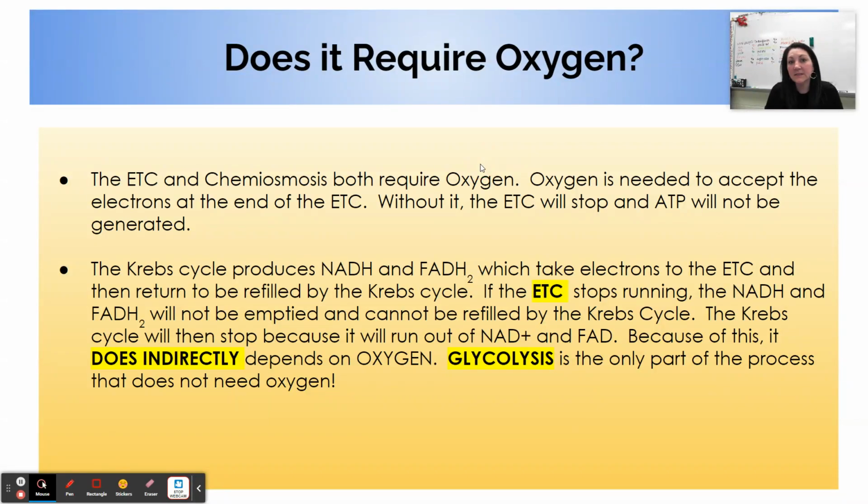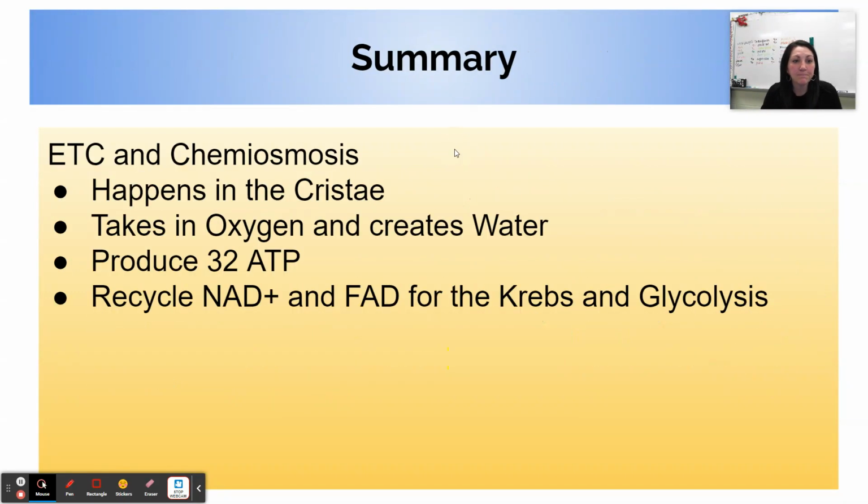So again, does this require oxygen? Glycolysis does not, but because of the need for oxygen in the ETC, the Krebs cycle and the third step, oxidative phosphorylation, both require oxygen. You cannot get into the mitochondria without it. So if you really want that huge outpouring of ATP, you have to have an oxygenated situation.